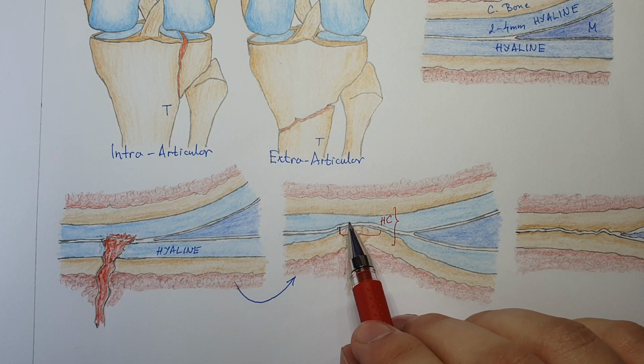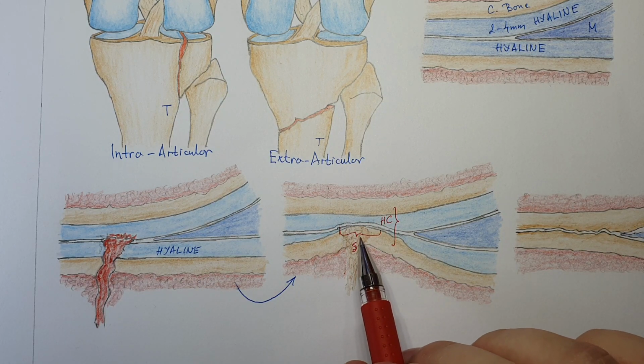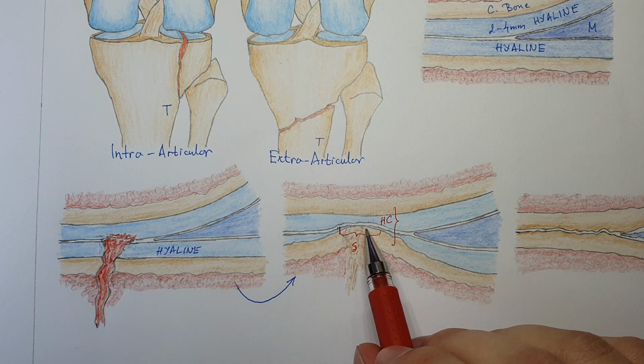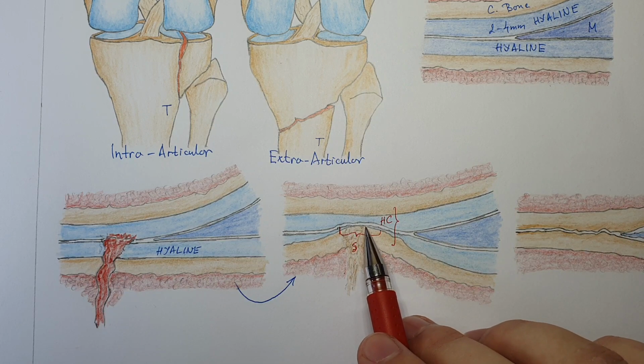The cartilage has no nerves, so the patient will not feel pain until the bone is exposed, because the bone, the periosteum, will then create pain when it rubs on the surface of something else.